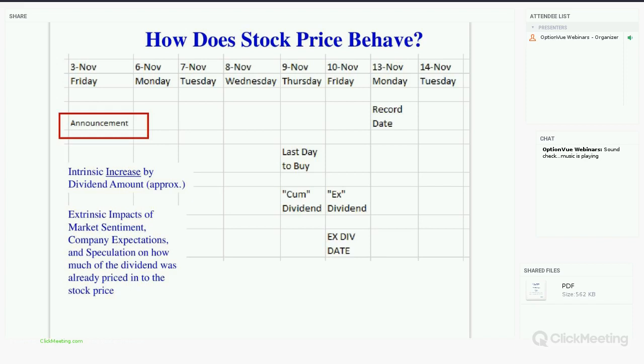Tons of studies have been done on this. You could Google it and look it up. I've been trading indexes and options on indexes primarily. I'm not personally a dividend trader, but I'm responding to some demand for it amongst our students.